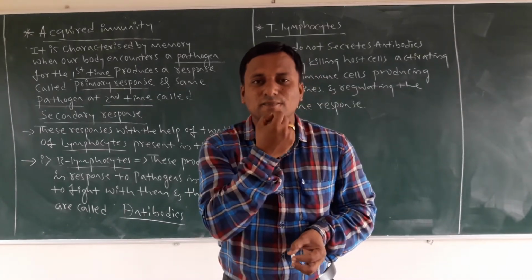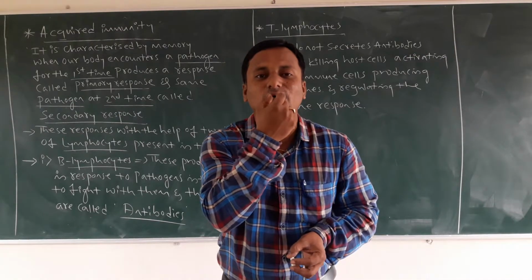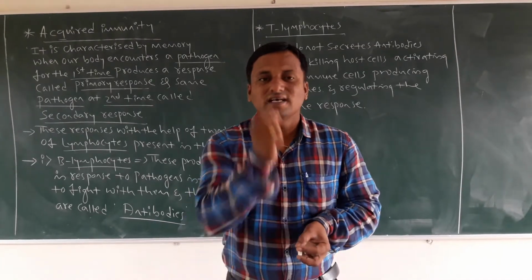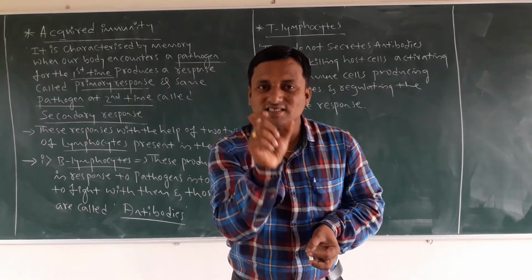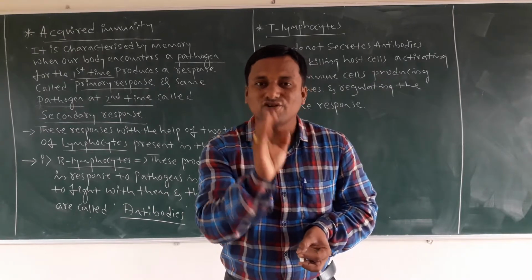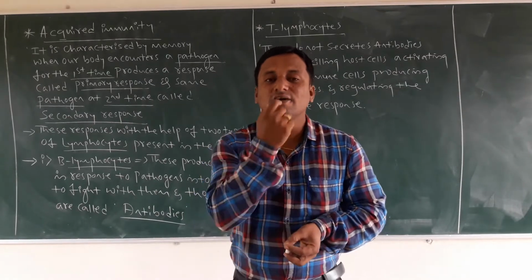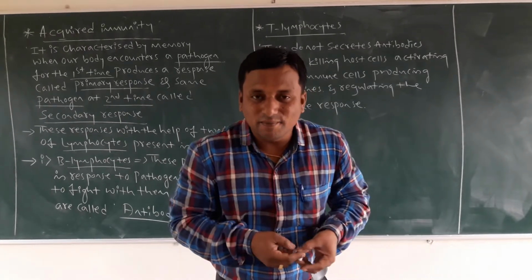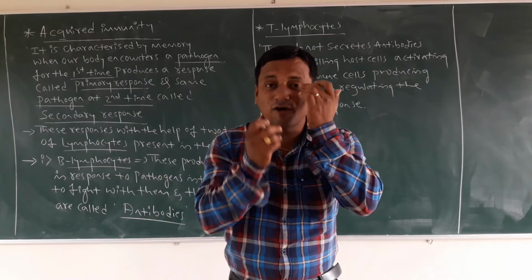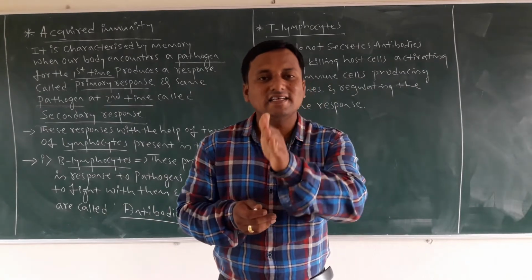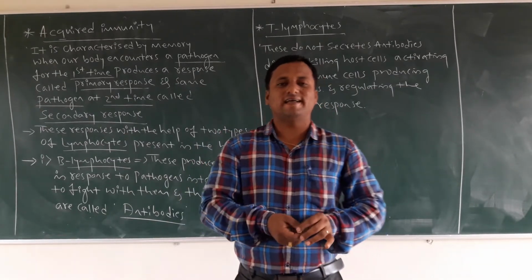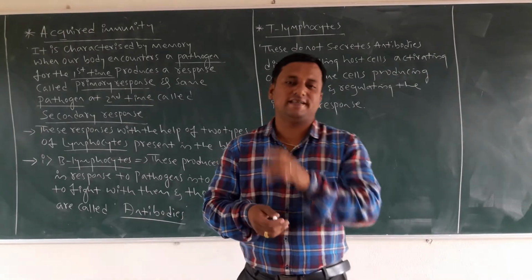Physiological means internal, for example saliva in the mouth, because the salivary amylase almost destroys the microbes, killing them. Saliva in the mouth, HCl in the stomach, and tears from the eyes are called physiological barriers.